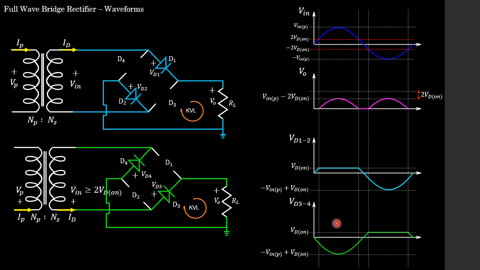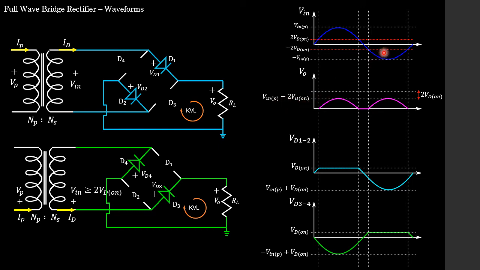So during the positive half cycle, we can see that VD3 and 4 are in fact reverse biased and they are switched off, and VD1 and D2 are in fact forward biased and they are switched on. And the resulting output voltage that we see across our load is simply this pulsating DC voltage, which has a peak value of V in peak minus 2 VD on.